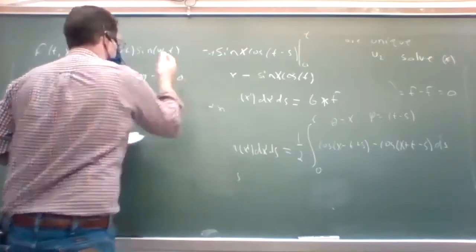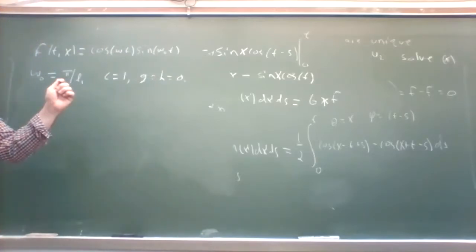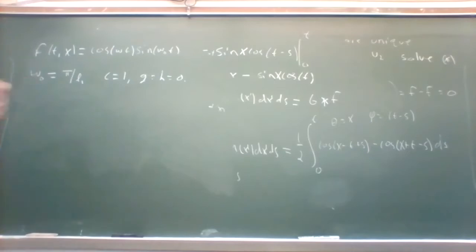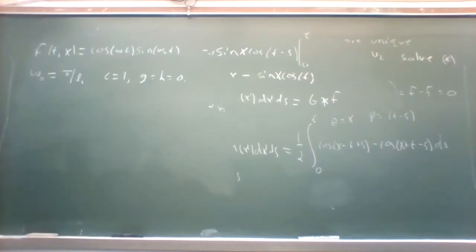As before, g equals h equals 0. And this time I really do want to work on the string going from 0 to L. Notice my forcing function is already an odd extended function with period 2L.